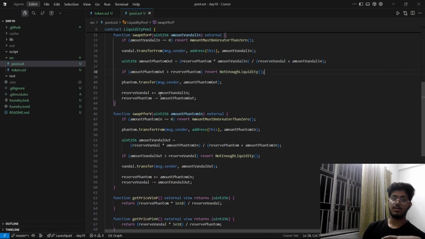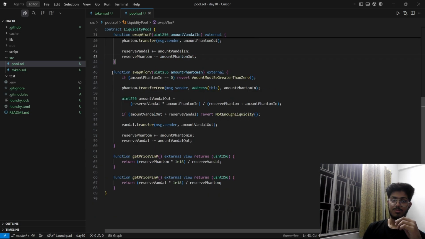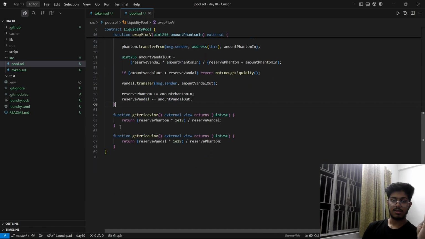Otherwise the calculated Phantom amount will be given to this guy, and then it will increase the amount of Vandal in the pool and decrease the amount of Phantom in the pool. Same for the swap P for V, swap Phantom for Vandal, and there are some data functions over here which will tell us the price of Phantom and Vandal.